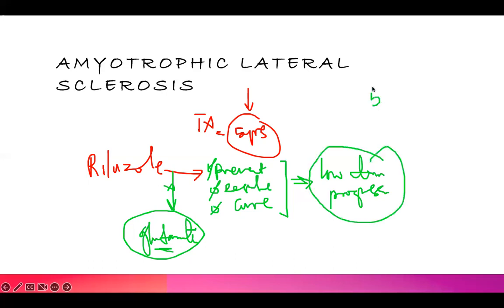So assuming you're going to die in 5 years, well, probably it can get you about 6 months additional time. And so it just slows down the progression of the disease. It does not prevent it. It does not cure it. So that's the key you should pay attention to.